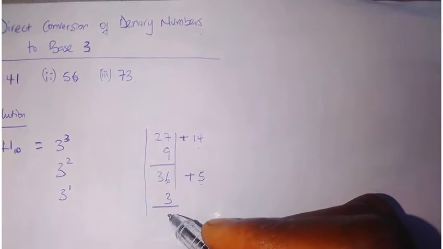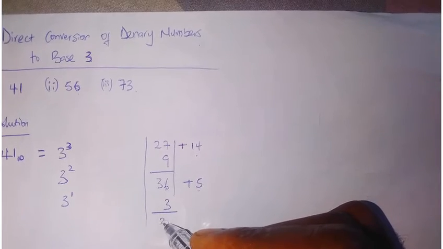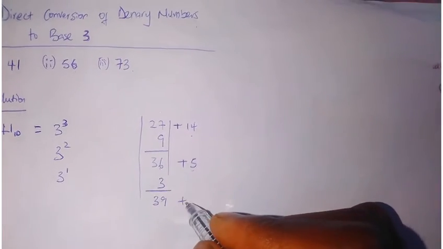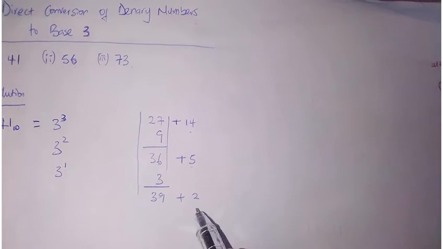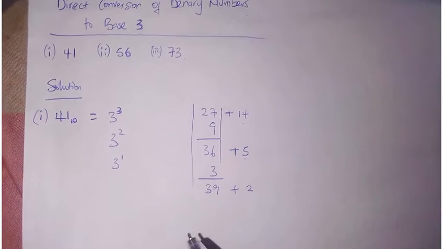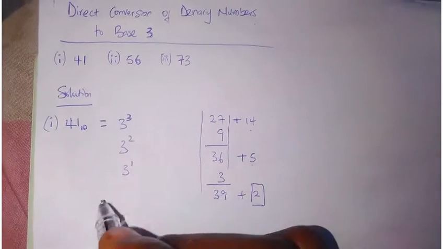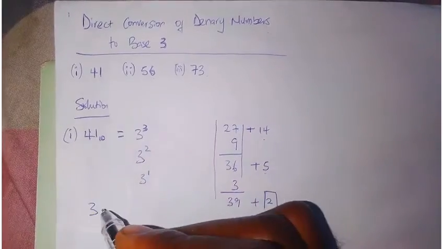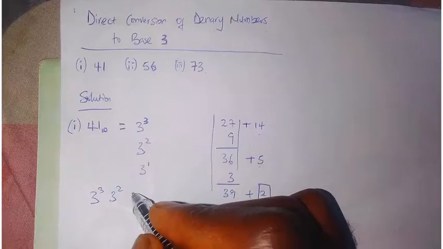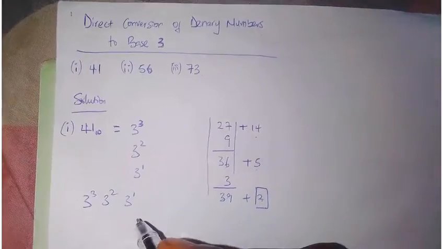36 plus 3 is 39, and remember the remainder 2, which gives me 41. So I have 3 raised to power 3, 3 raised to power 2, 3 raised to power 1, and a remainder of 2.